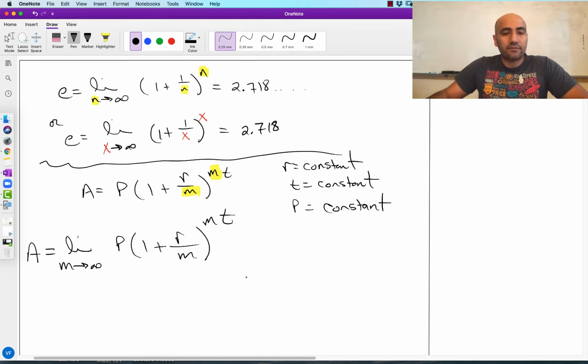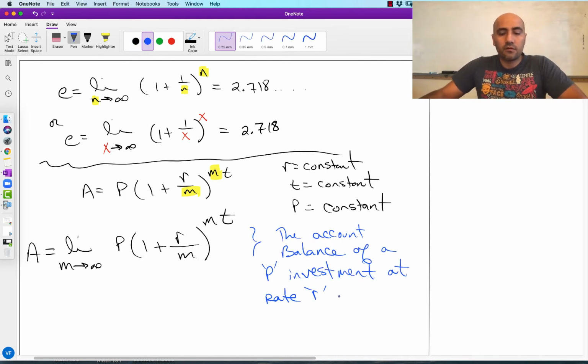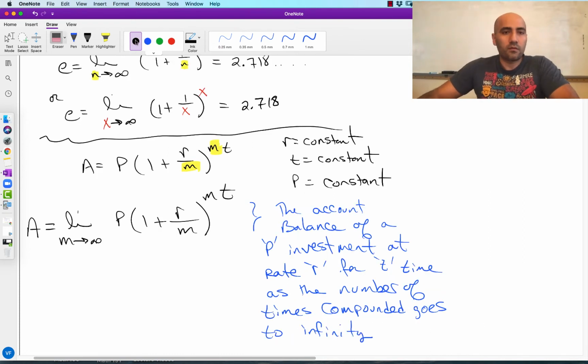Okay, that's what this is saying. So this formula here represents the account balance of a P investment, so P dollars invested at a rate r for t time as the number of times compounded goes to infinity.